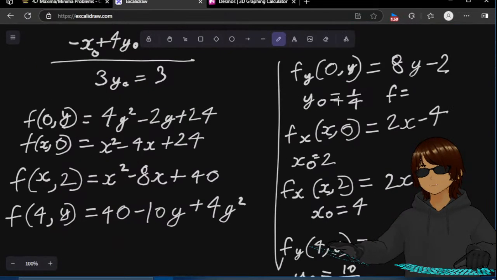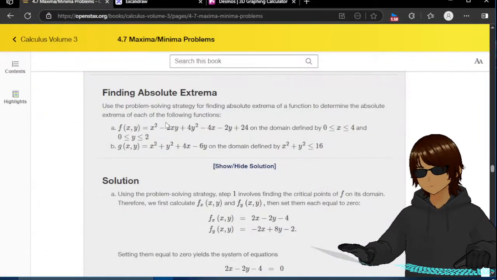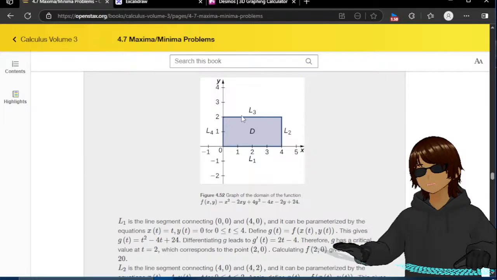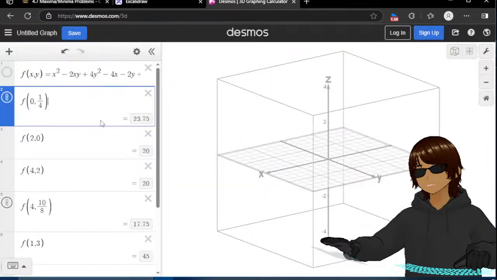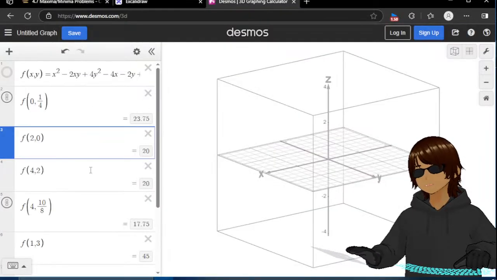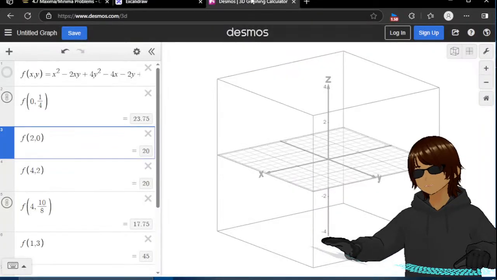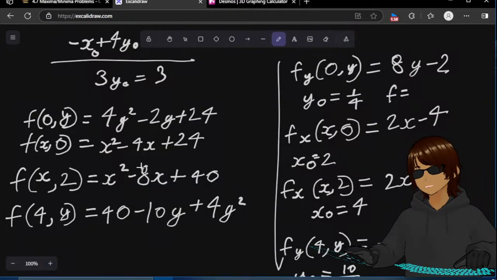I think what I did over here wasn't right. Calculated the, no, not the corner points. You have to calculate the lowest point in the entire thing, right? 2 0, 4 2, 0 2, and 0 2. How did they get 0 2?